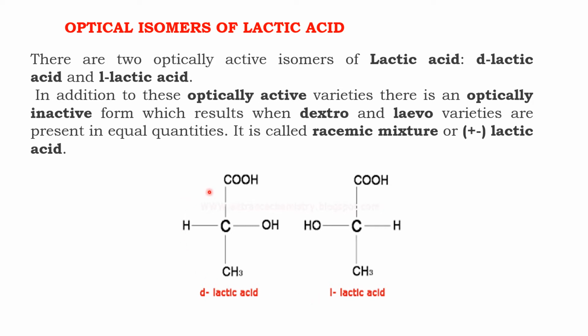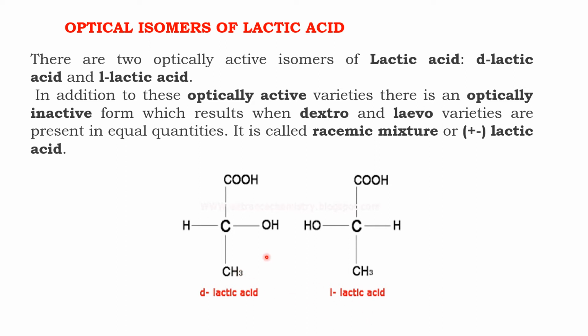One rotates the plane polarized light towards the left, levorotatory. One which rotates the plane polarized light towards the right is dextrorotatory. Levorotatory is optically active, dextrorotatory is optically active.